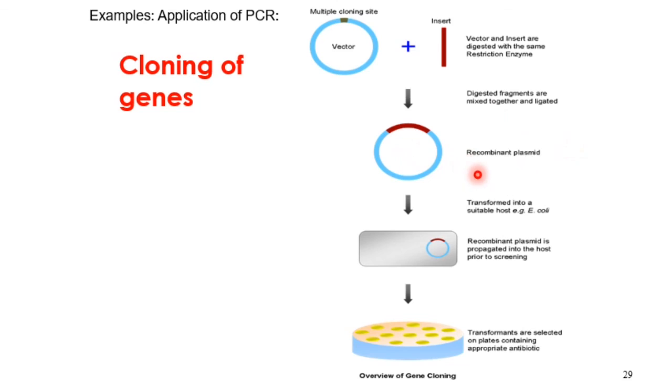Then you will have a recombinant plasmid, which will be transferred into a host, for example, E. coli, and this recombinant plasmid will be propagated in the host prior to screening. The transformants will be selected on a plate containing the appropriate antibiotic. This is a simple overview of gene cloning.